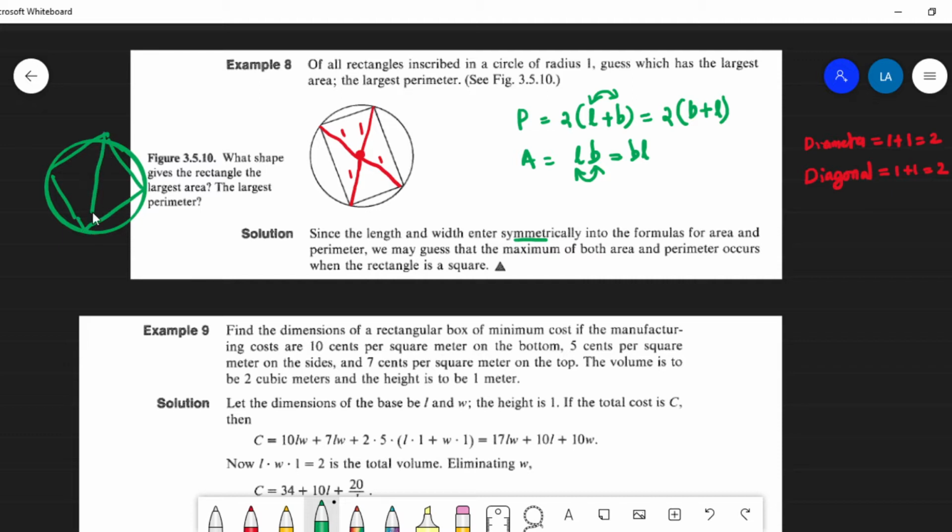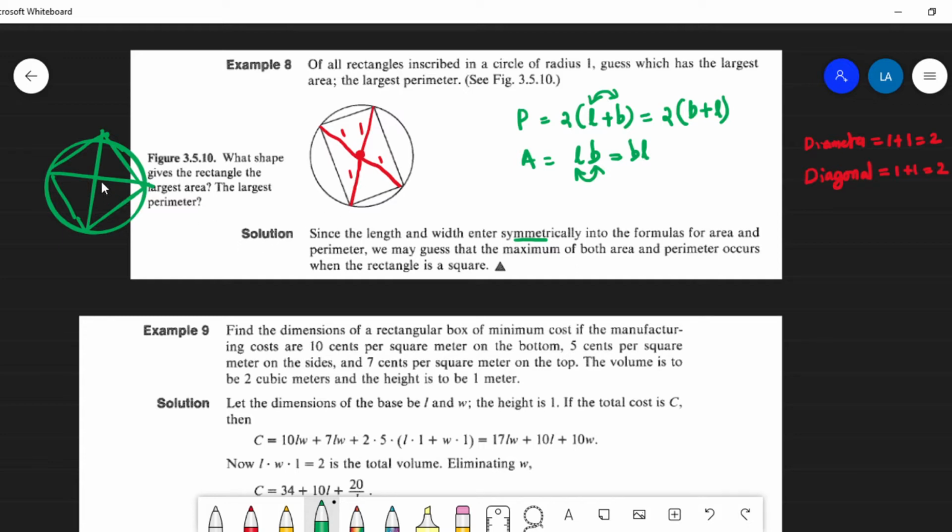The diagonal will definitely be 2, as this is the center and this is the radius. The diagonal is radius plus radius, twice the length of the radius, that is the diameter, and that is the same as the diagonal of the rectangle.